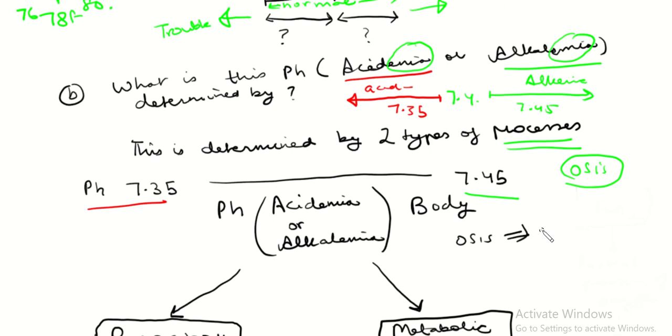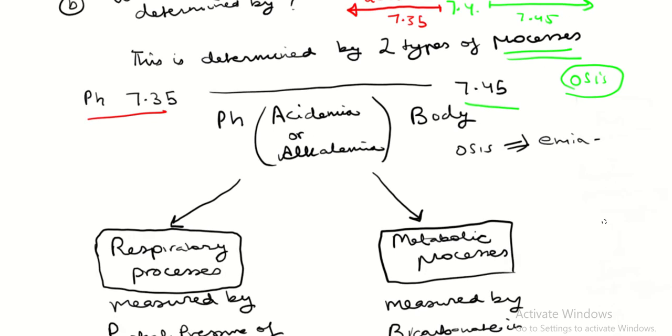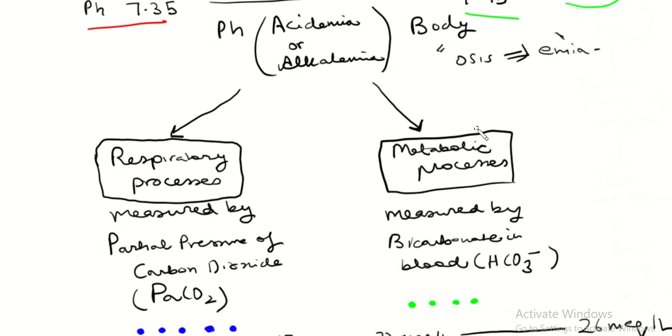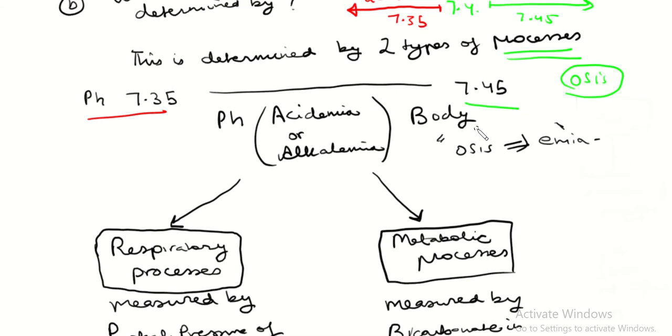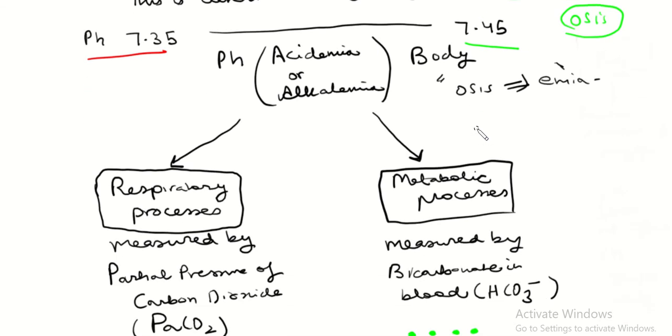Contributes to the overall result of acidemia. Okay, very good thing to remember. So let's take a look at it. There are two types of processes: respiratory processes and metabolic processes.